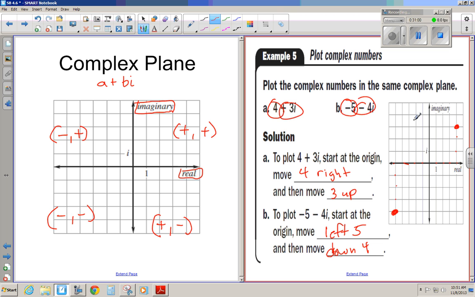Please notice that anything on the real number line, when there's a number here, or here, or here, this means there is no imaginary part. Anytime you have something on the imaginary line, it means there is no real part.